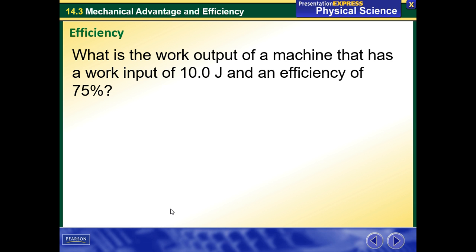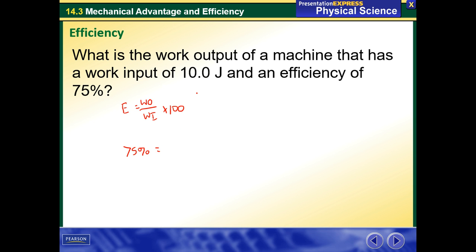The other way, I want you to be able to rearrange this equation as well and solve for the other parts. It says, what is the work output of a machine that has a work input of 10 joules and efficiency of 75? So our equation, efficiency equals work output divided by work input times 100. If you read this, you find the efficiency is 75%.